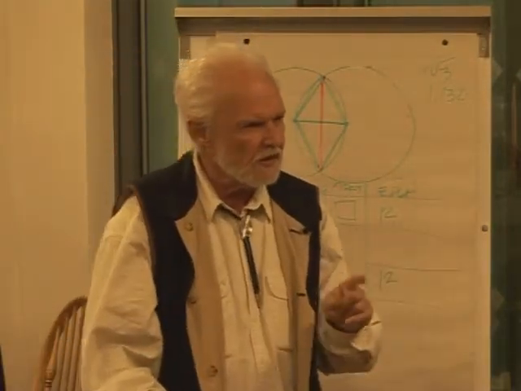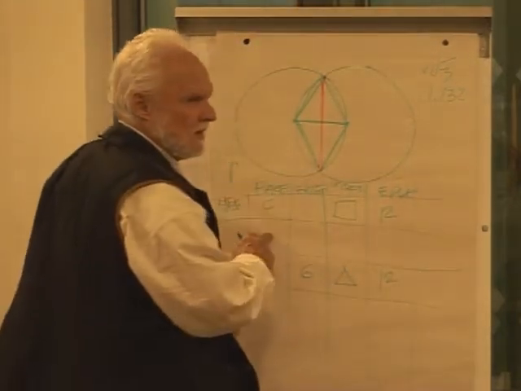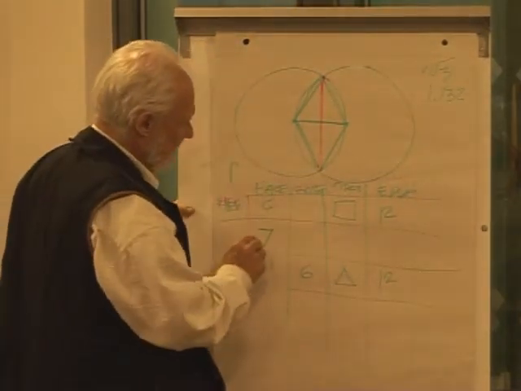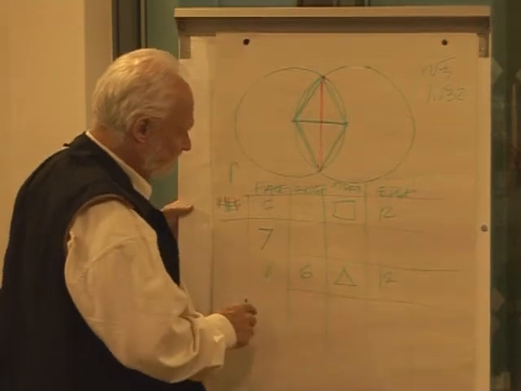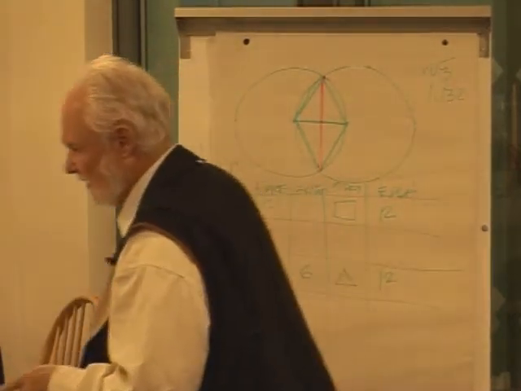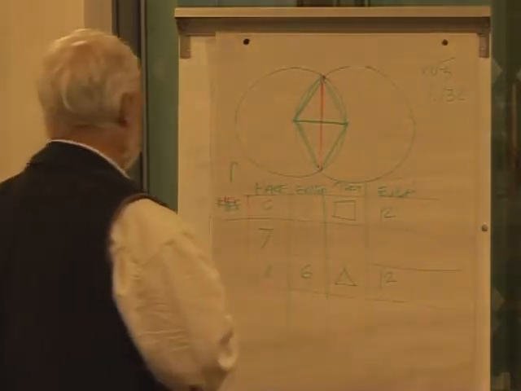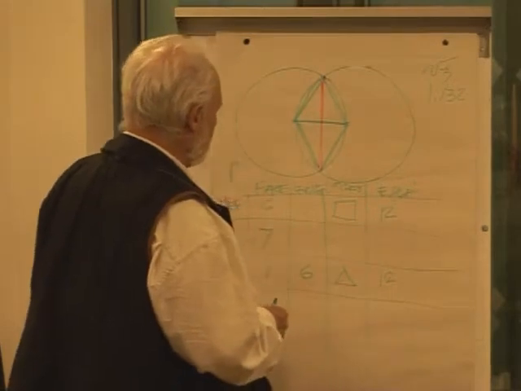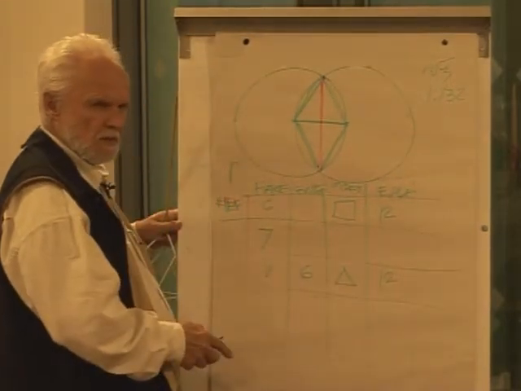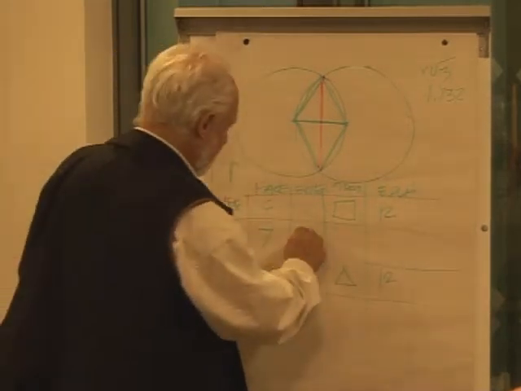All right, let's take the 7. Okay. How many faces? 7. I should get it. Let's see if I don't. I have one here. Okay. How many corners? How many points? 7.